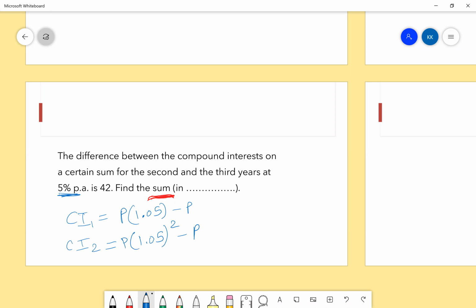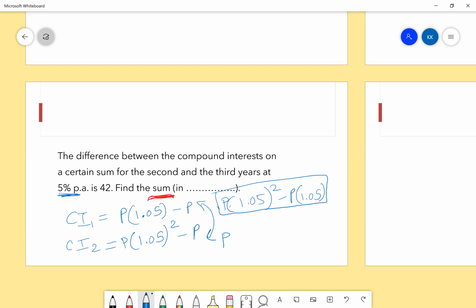If I have to calculate the compound interest only for the second year, not till the second year, I will subtract these two. This will be my compound interest of the second year. Only for the second year, not till the second year.